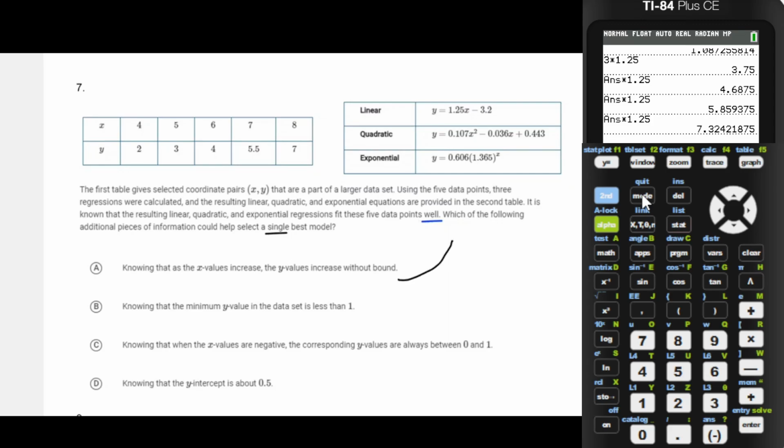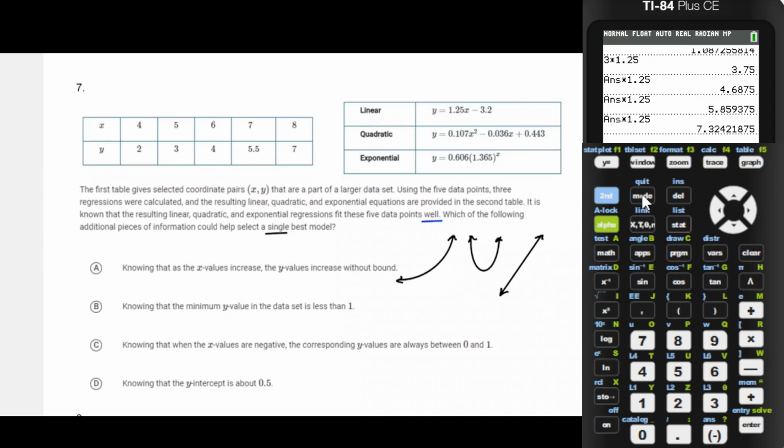Well, I think you've got an exponential curve that does that. You've got a quadratic with a positive leading coefficient. And if you had a linear function with a positive slope, we would see it increasing arbitrarily as x values increased.